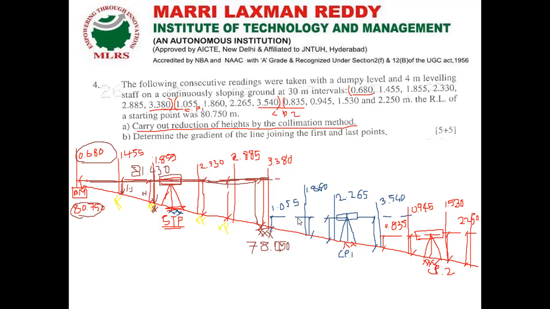If I need the height of instrument with respect to this position, how can I get it? This 78.050 plus this staff reading 1.055. So 78.050 plus 1.055 gives the answer of 79.105.